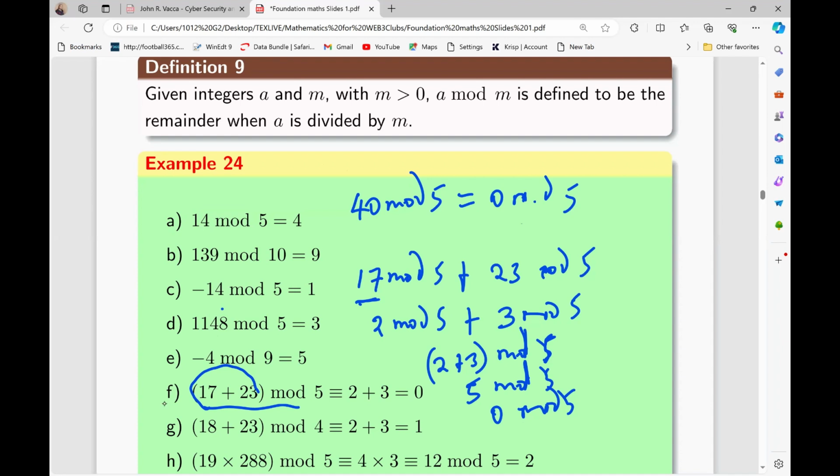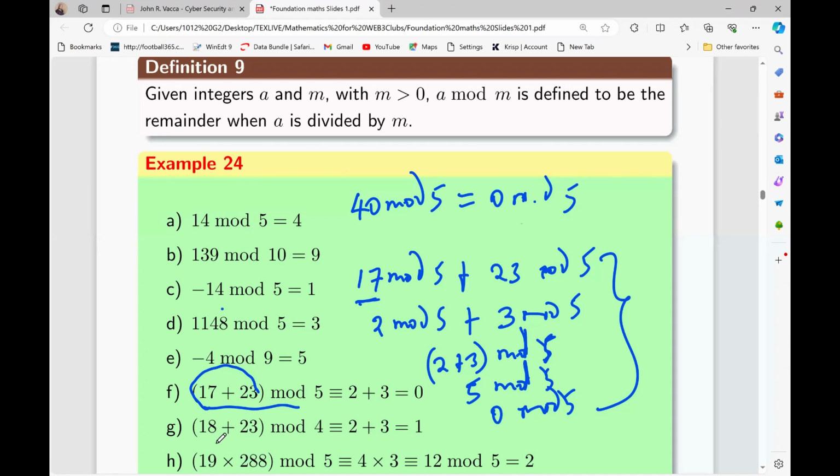I just did this so that you can notice that dealing with mod is not a very strange thing. We deal with mod the same way we deal with the integers. You can expand, you can factorize, you can multiply, you can divide, just the same way we do with normal integers without the word mod.